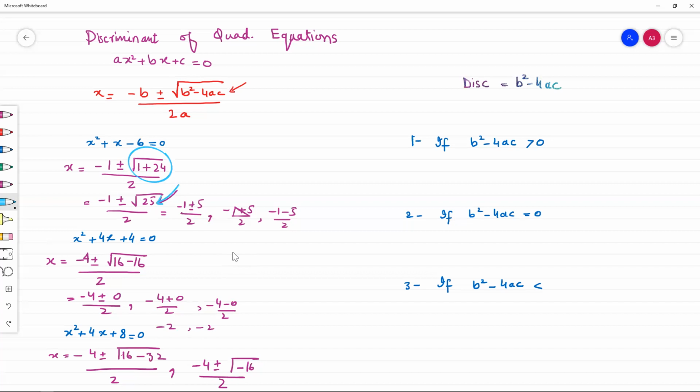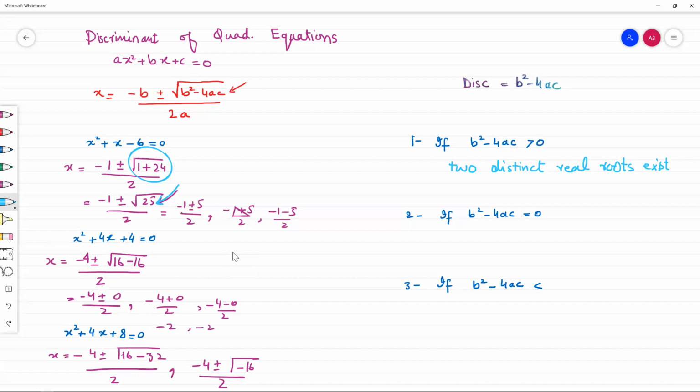If b square minus 4ac is greater than 0, then it means two distinct real roots exist. I will tell you why we use this thing, the discriminant, and where it is used. So two distinct real roots exist if b square minus 4ac is greater than 0.